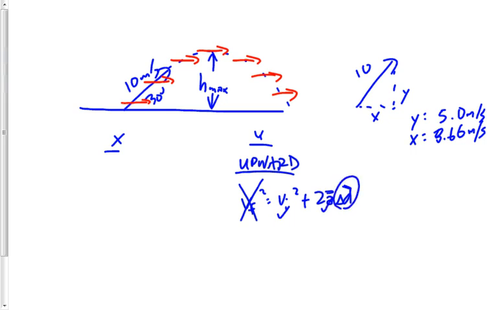Solve for delta D. It becomes 0 minus VI squared over 2A, the same thing as saying negative VI squared over 2A. VI, the y component of it, is 5.